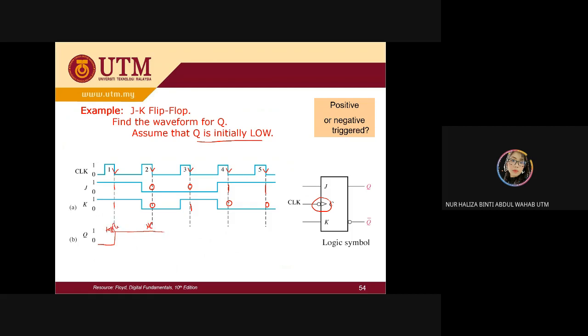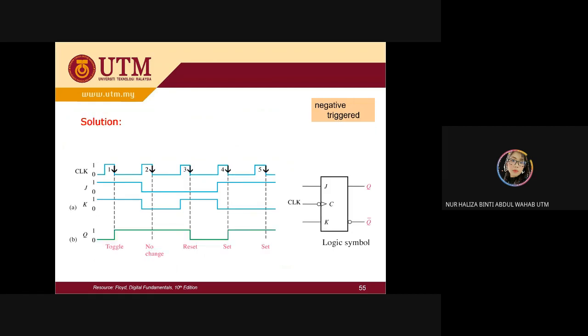So I'm going to continue until I meet the next negative clock. 0 1, it will be reset. And I meet another negative clock, it will be set, 1 0. Until I meet another negative clock, I see this is set. So continue. So this is my output.